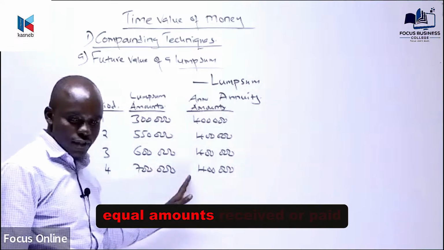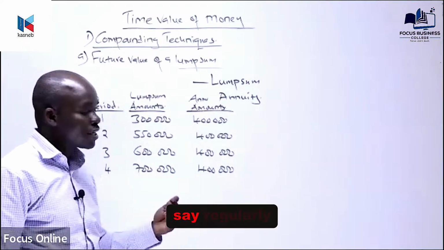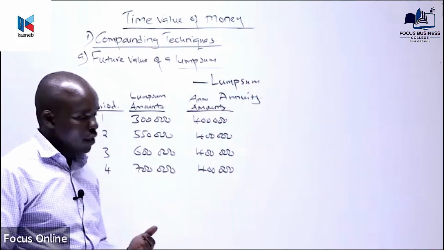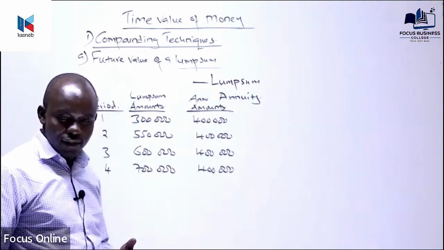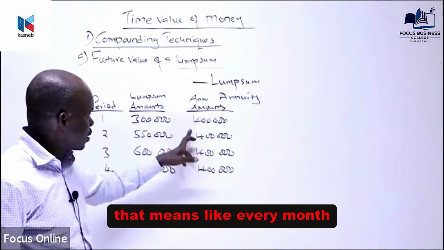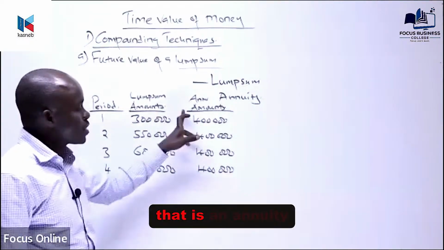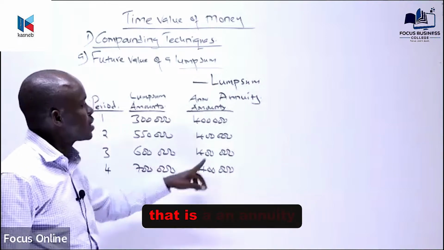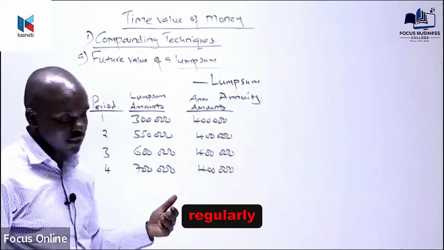When we say regularly, we mean monthly, weekly, semi-annually, yearly, or quarterly. That means every month you're paying or receiving 400,000. That is an annuity. Or each year you're paying or receiving 400,000. That is an annuity.